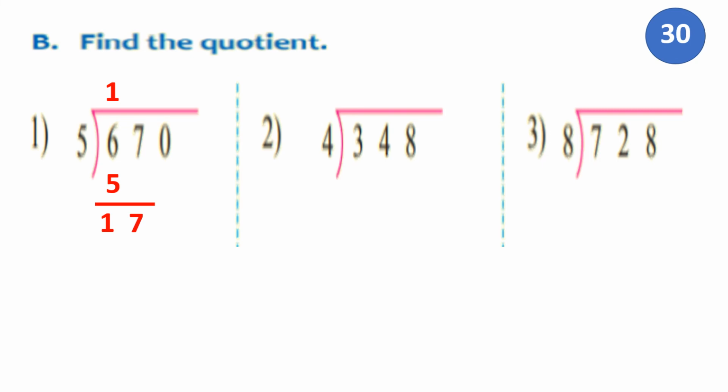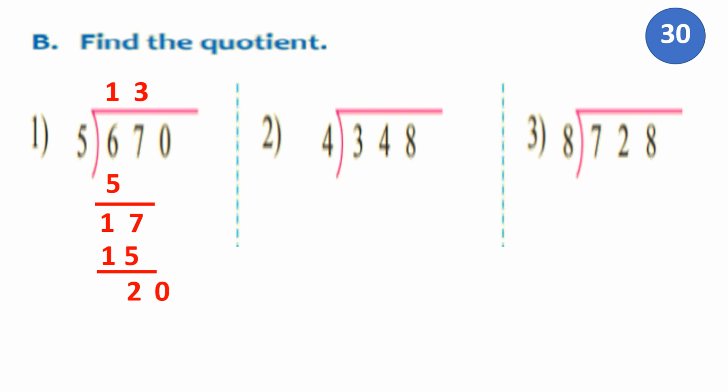17 divided by 5 is 3. 3 times 5 is 15. And then you subtract, students, okay? I did not put the subtraction sign here, okay? 17 minus 15 is 2. Then you bring down the next number, 0.